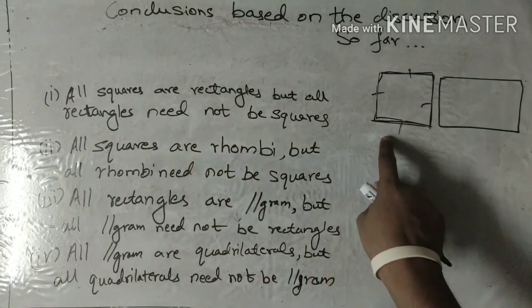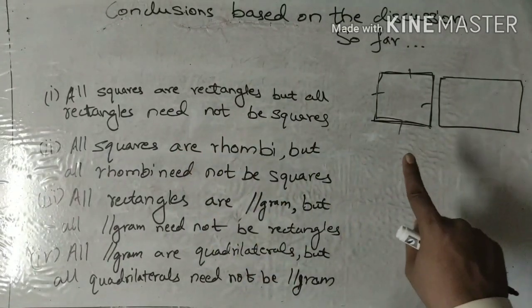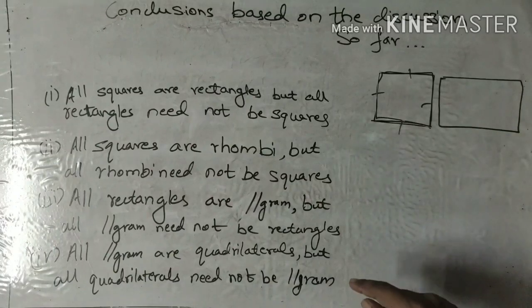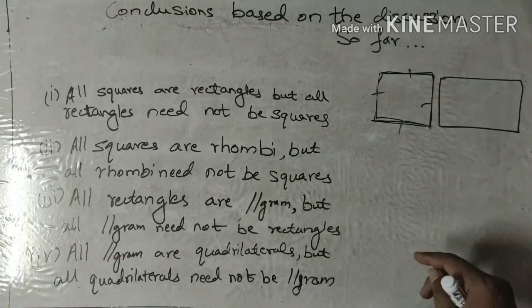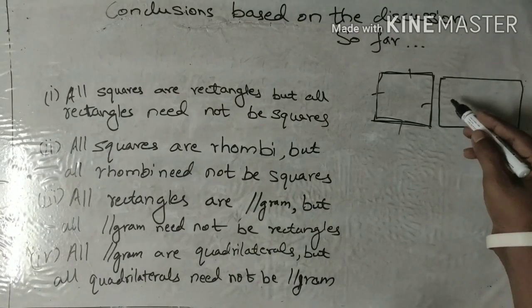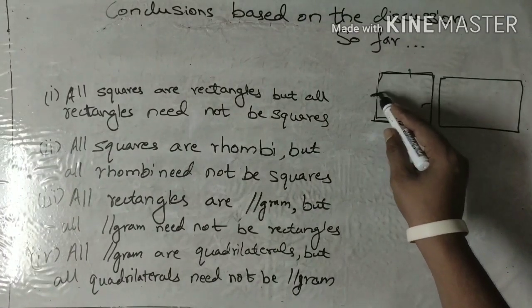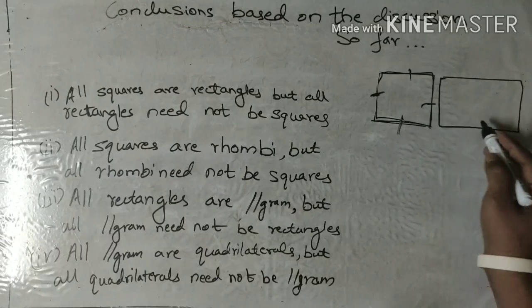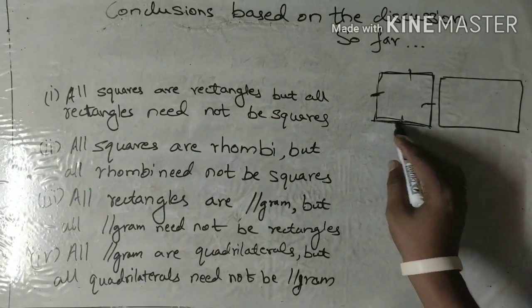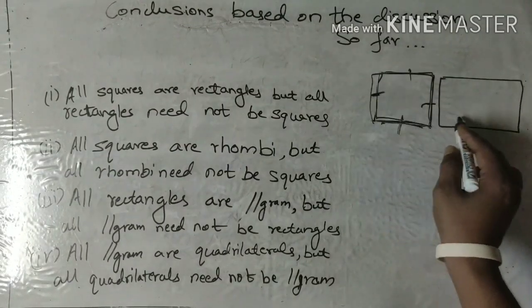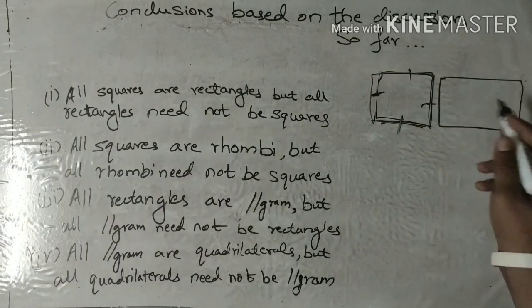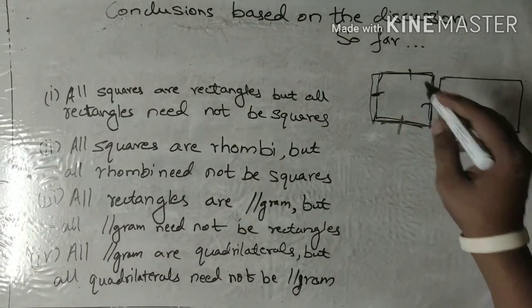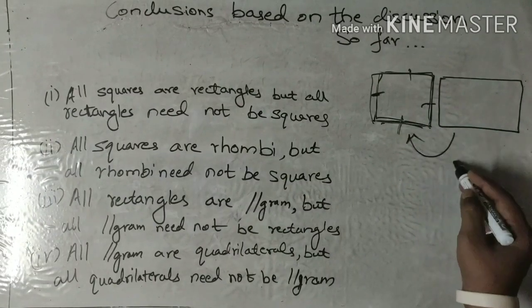Hence all squares can be called rectangles, but all rectangles cannot be squares. That means I have one property which is not satisfied by a rectangle, which is compulsory for it to be a square. That is, all sides should be equal. In a rectangle only opposite sides are equal, but in a square all the sides should be equal. So the reverse is not true.